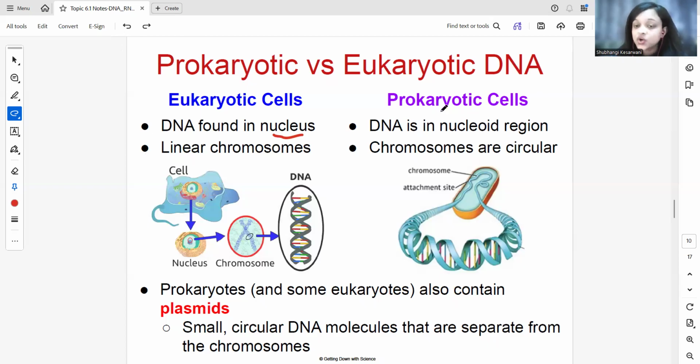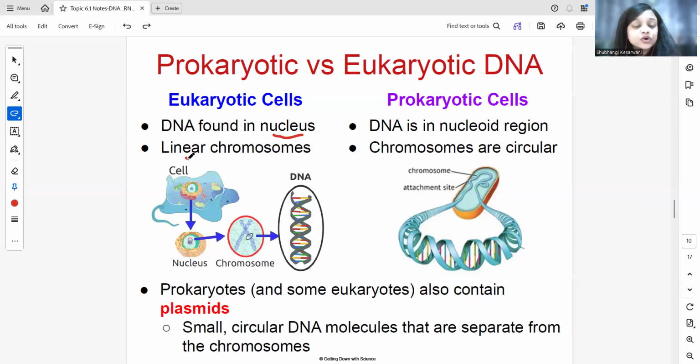So that is why we call them primitive, and we are advanced organisms. So the DNA is present inside the nucleus of our body. Okay, and how does it look?